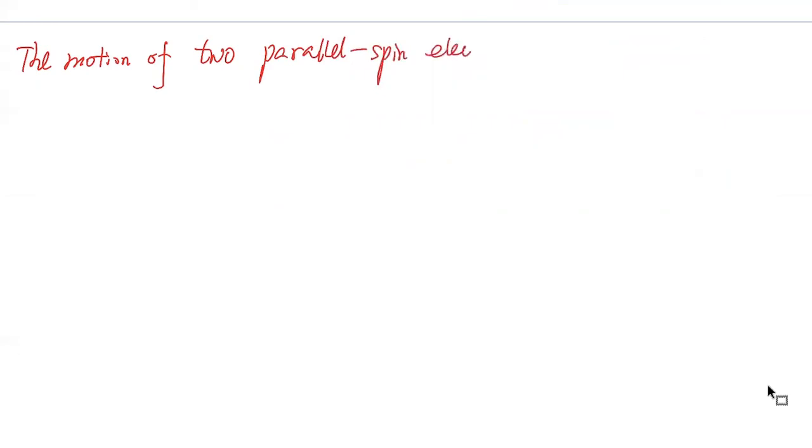So the conclusion we have here is that the motion of two parallel spin electrons, they have the same spin. They're all up, up, or they can be all down. So in this case, they are correlated.